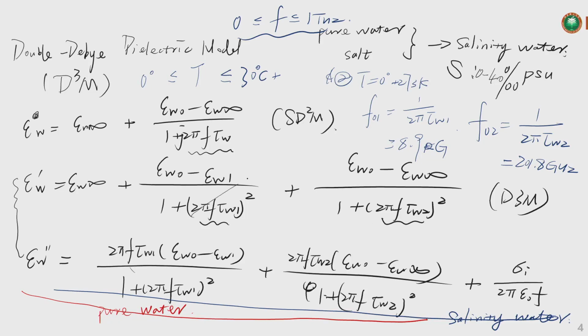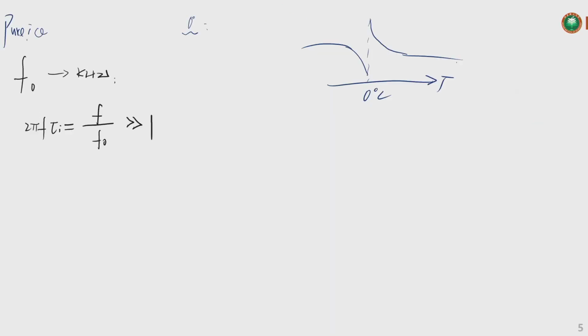That means all these terms can be neglected, and we only get the real part equals epsilon i infinity. And for the imaginary part, we also take the single Debye.